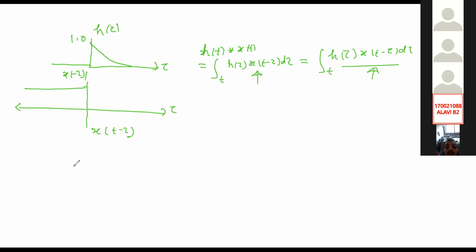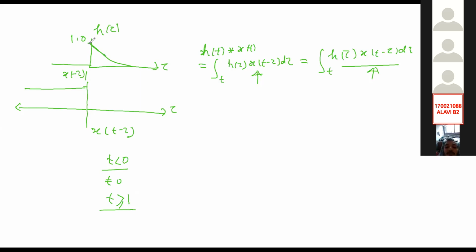Now tell me, if your t is less than 0, will there be an overlap? No, sir. Then your overlap starts at what point? At t equal to 0, overlap starts. Now let us consider that our t is greater than 1. If t is greater than or equal to 1, will that overlap cease?